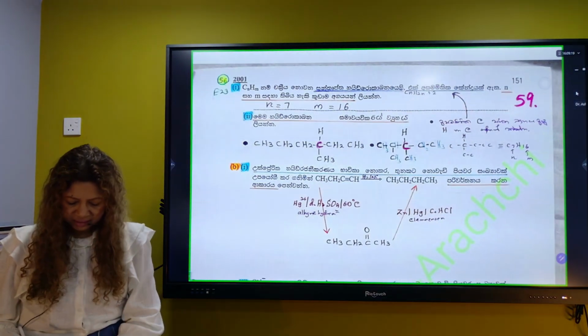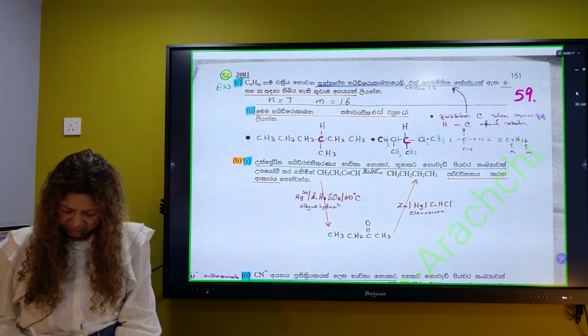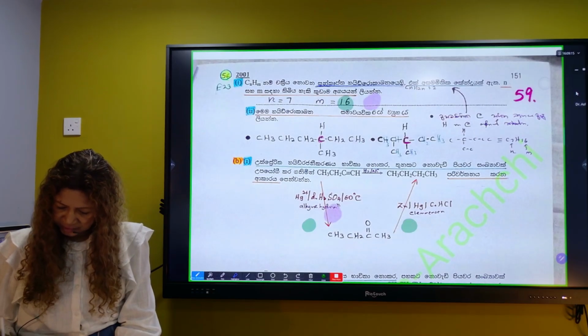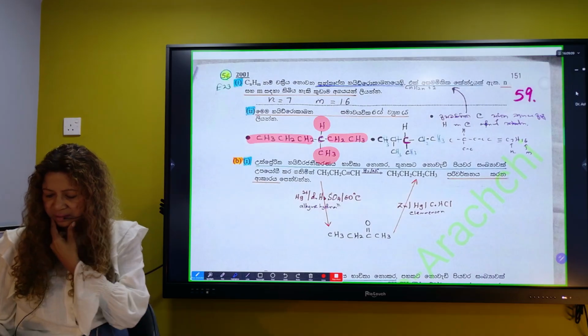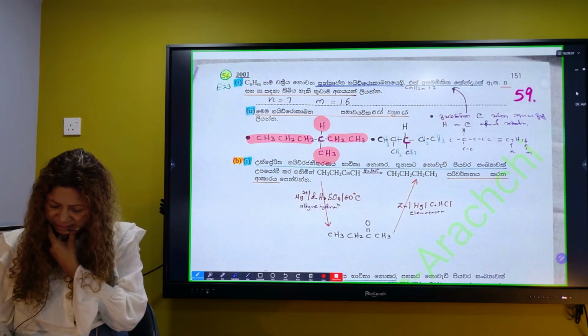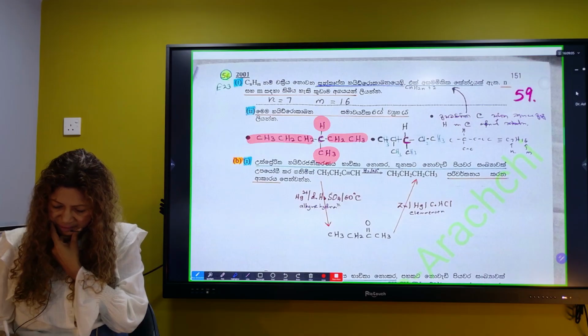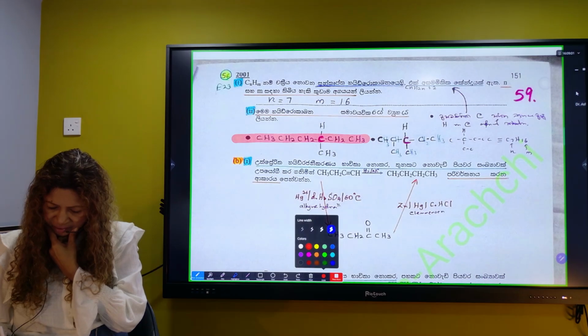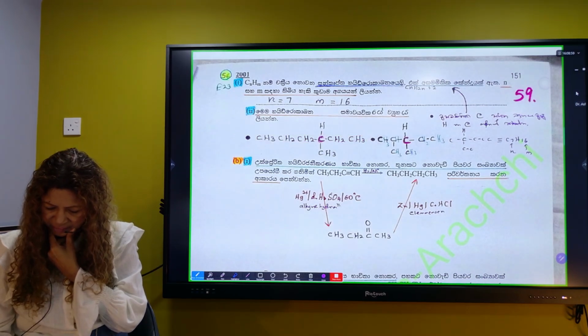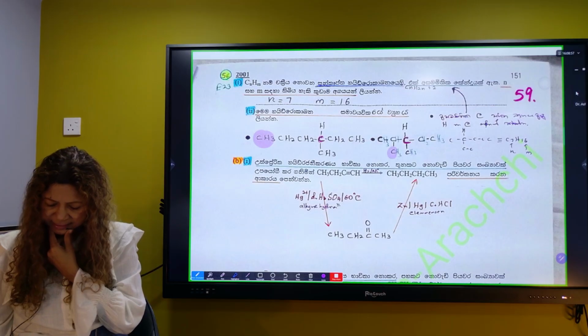Okay, this is easy. Carbon. We're just going to draw one hydrogen, one carbon, two carbon, three carbon. I just went like this because I want this chain to be the longest chain, or otherwise you can detach this carbon and join it here.